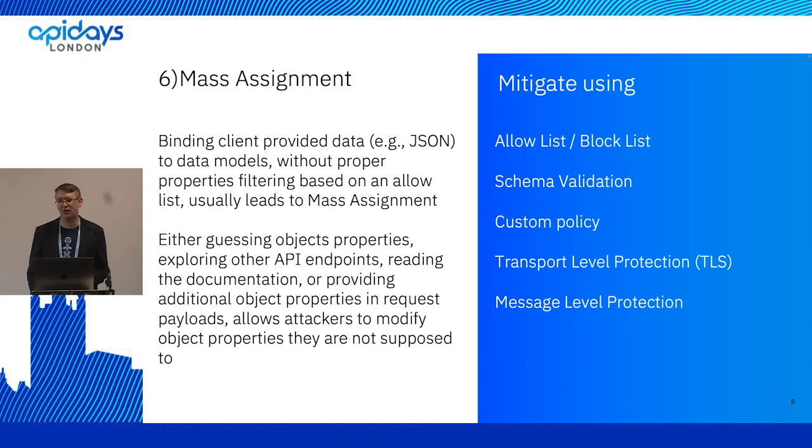So then back to the one that I started to talk about before, mass assignment. This is where, if we've got a data model that's tied from the database to what's being returned in the JSON, it's easy to end up with an API that allows more values to be set than you intend.